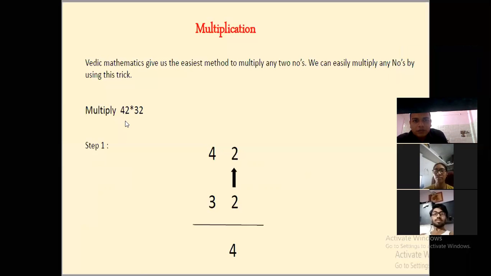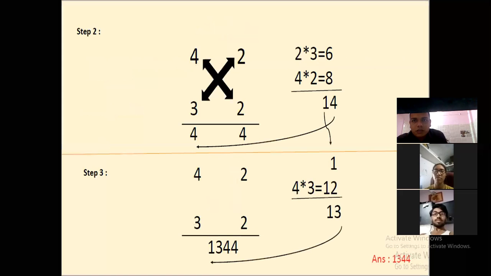What we are having? We are having the numbers 42 and 32. So we have to multiply 42 and 32. What we are going to do? First, we are going to multiply 2 into 2.